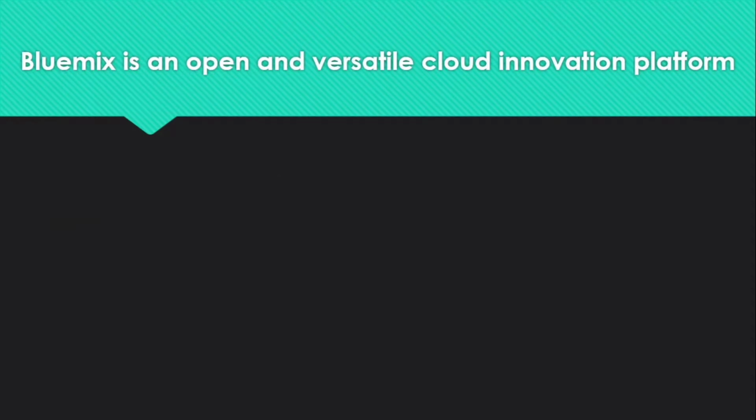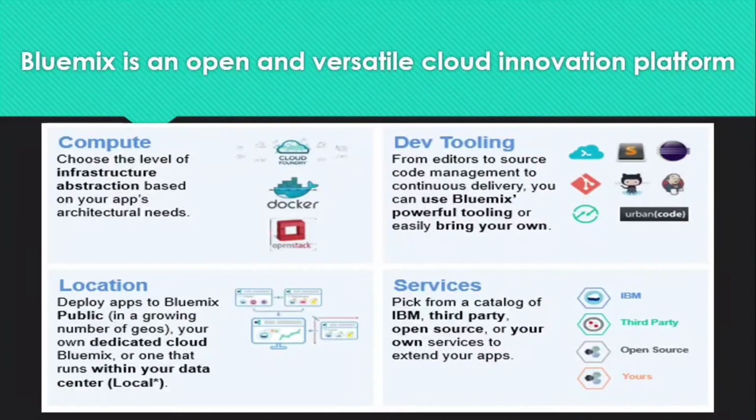So we all know Bluemix is an open and versatile cloud innovation platform. It has four major components, which are compute, dev tooling, location and services. Compute is about choosing the level of infrastructure abstraction based on your app's architecture needs. From editor to source code management to continuous delivery, you can choose Bluemix's powerful tooling or easily bring your own by using dev tooling.